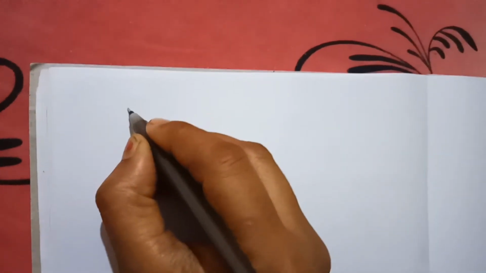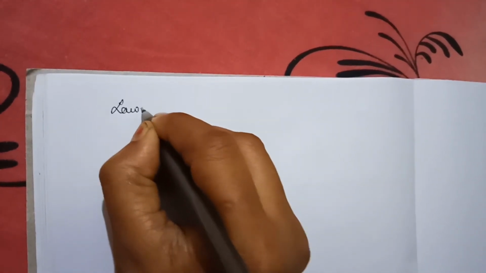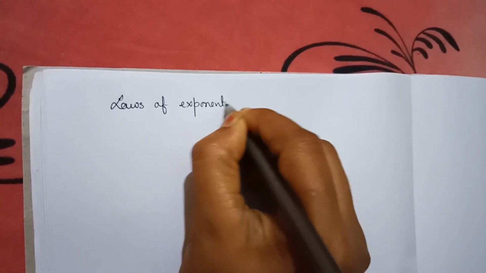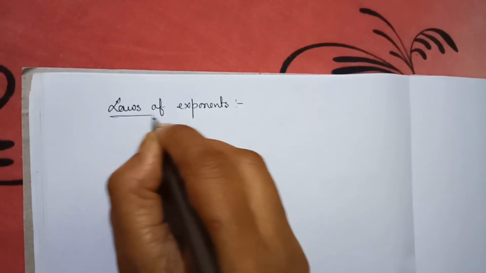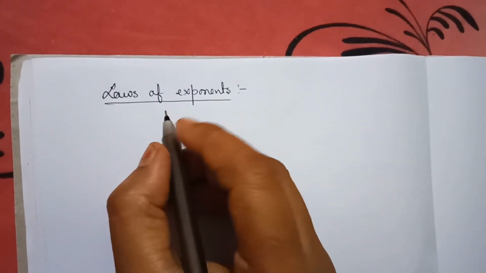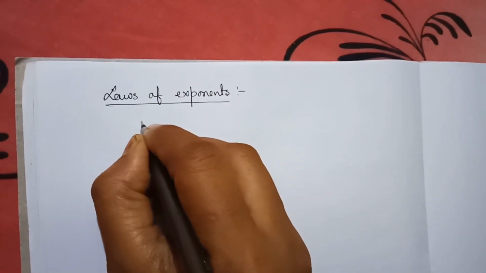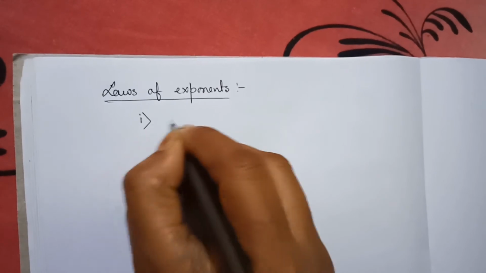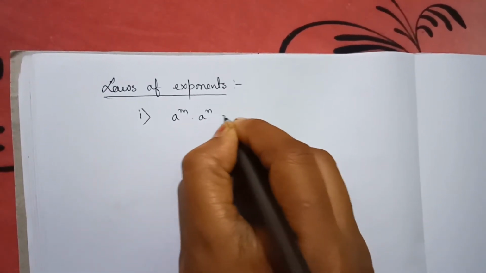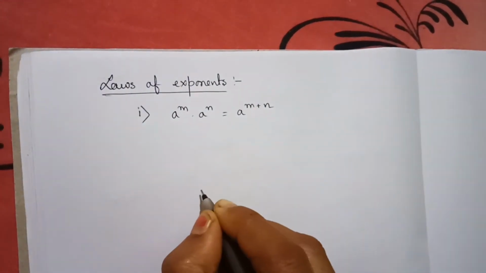Now I am going to the next topic, that is laws of exponents. This particular topic you all have already done in class 8, and the same thing is here. The first law is a to the power m into a to the power n is equal to a to the power m plus n.